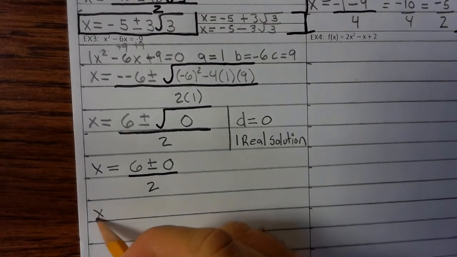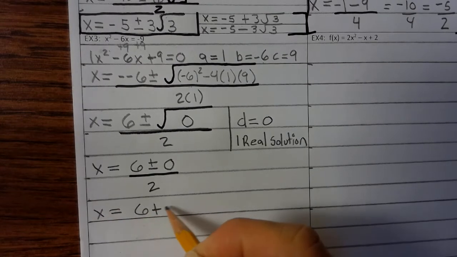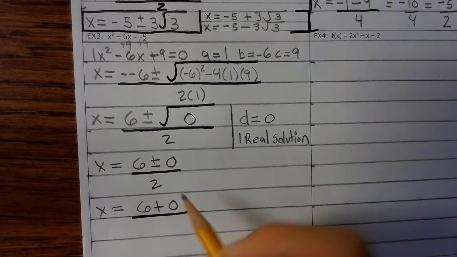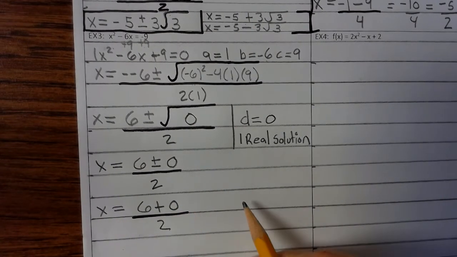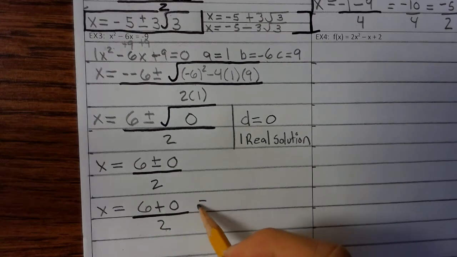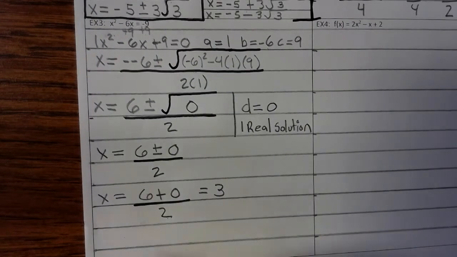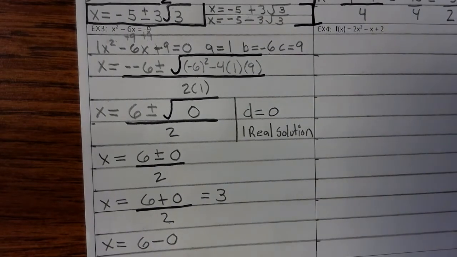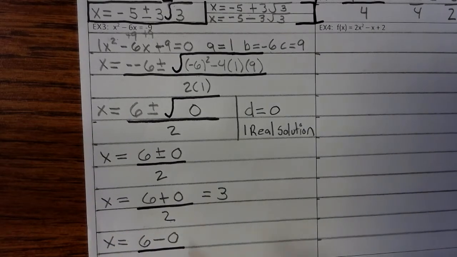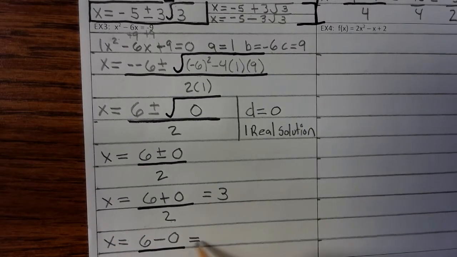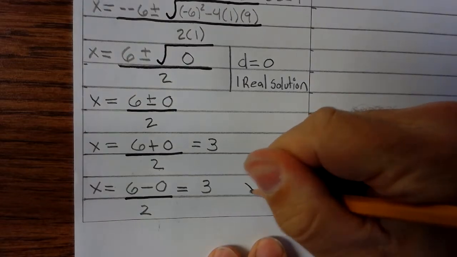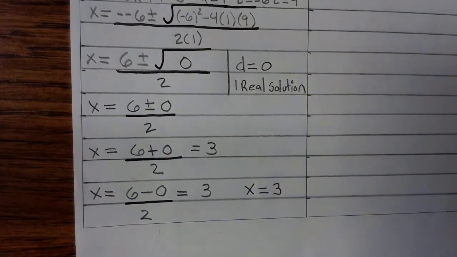Well, that's x equals 6 plus 0 divided by 2, which equals 6 divided by 2, which is 3. Okay? And then we have x equals 6 minus 0 divided by 2. Well, that's still just 6 divided by 2, which is 3. So we, in essence, really have only one solution. x equals 3.